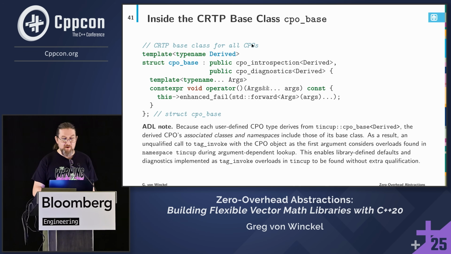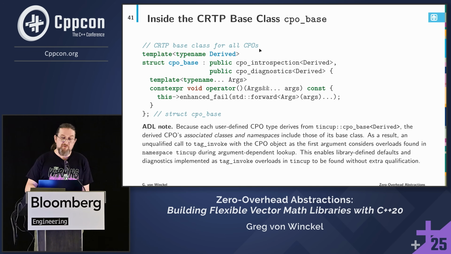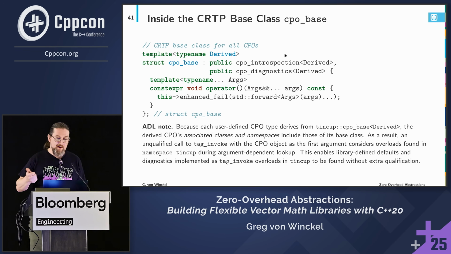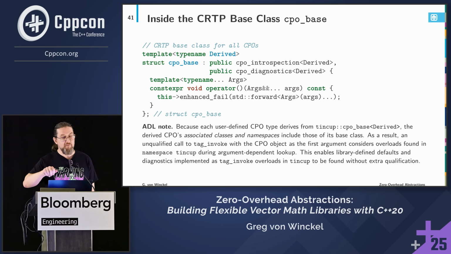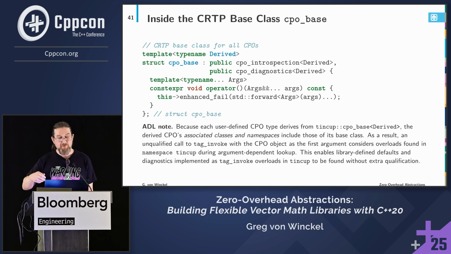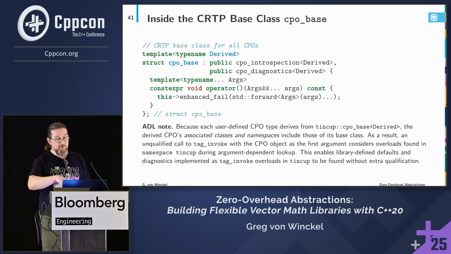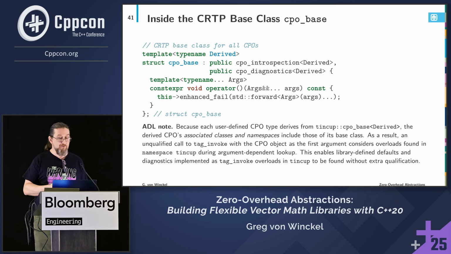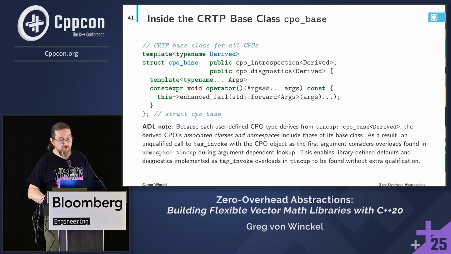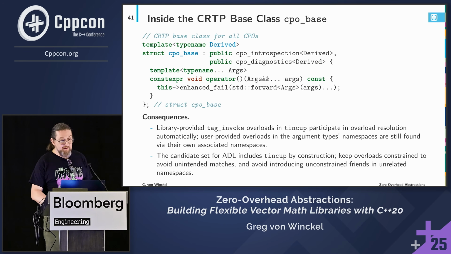This does have a potential virtue, which is that by using CRTP you can also use ADL to look into the namespace. I have implemented some traits classes so that you can specialize traits classes that are in the tincup namespace for your type, as opposed to using the standard tag invoke, as appropriate for what you're trying to do.